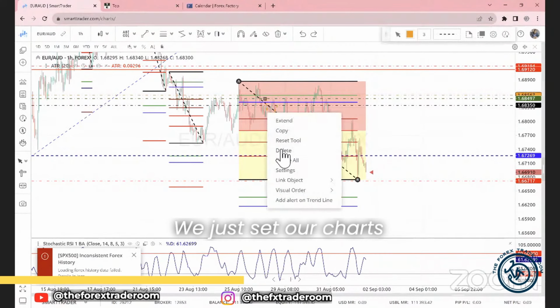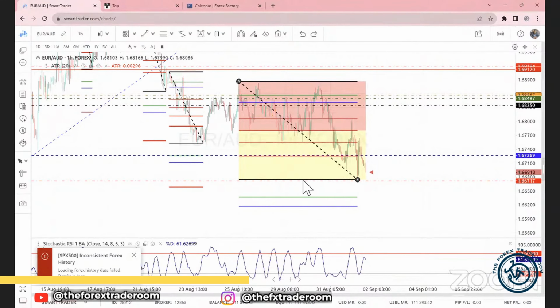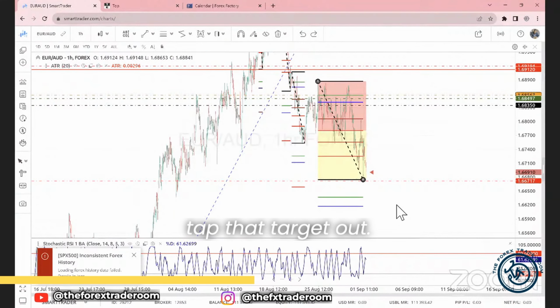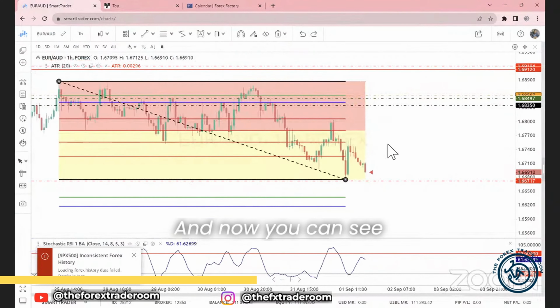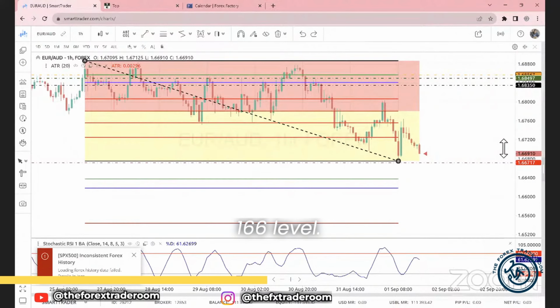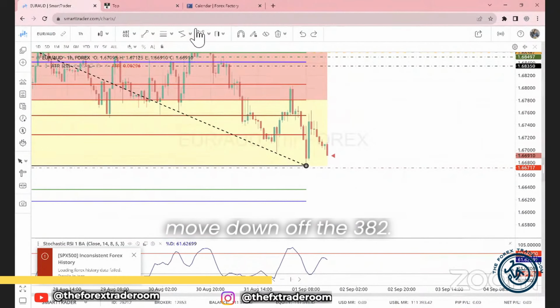We just set our charts up with Smart Trader and we just let the fibs run. So we can take that target out. And now you can see where we are. We've pushed up to a 382. Would have loved for that to move a little bit higher. But here we are at this 166 level. So if we break through it, we look for a continued move down off the 382.